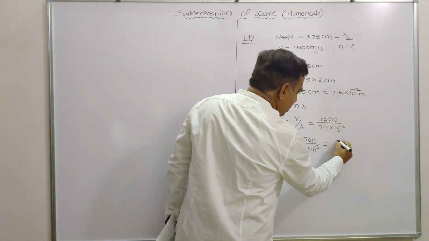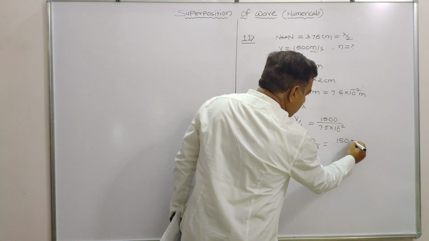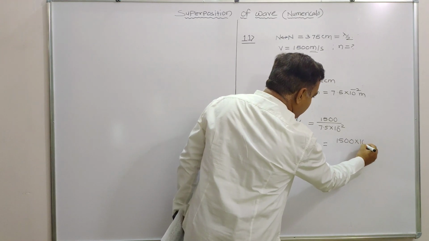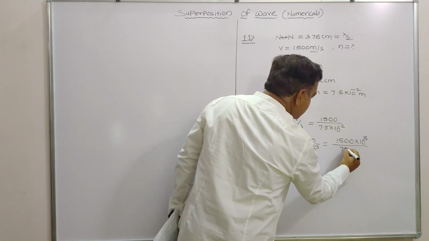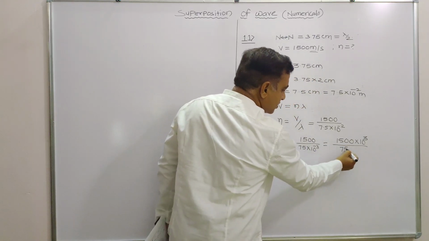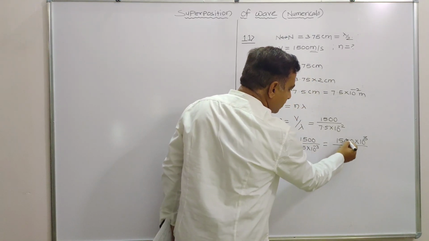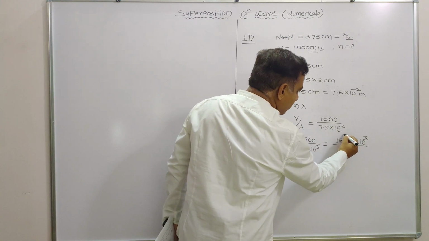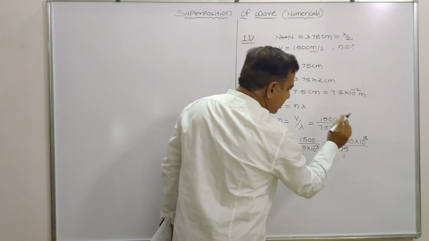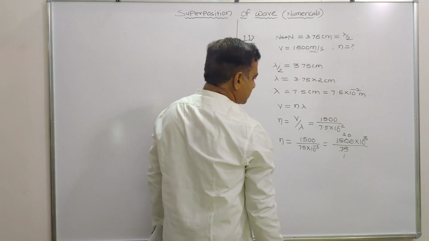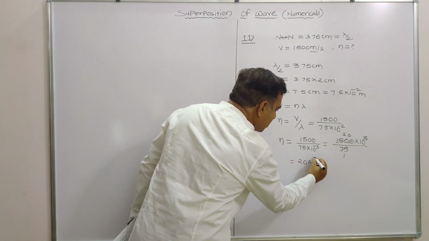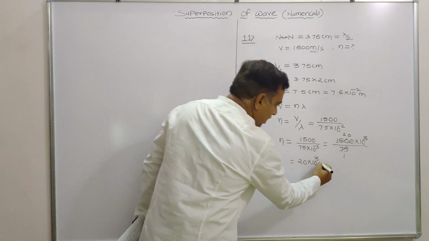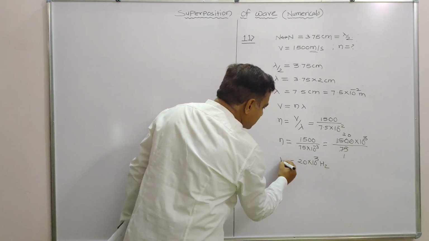If it goes in the numerator, it comes out to be plus. So the remaining factor is 75. We know 75 ones are 75, 75 twos are 150, so 20 remains after cancellation. Here it is 20 into 10 raised to power 3 hertz is the answer.